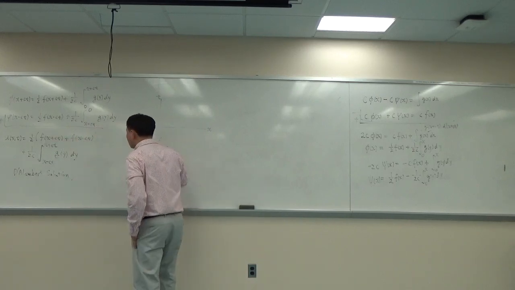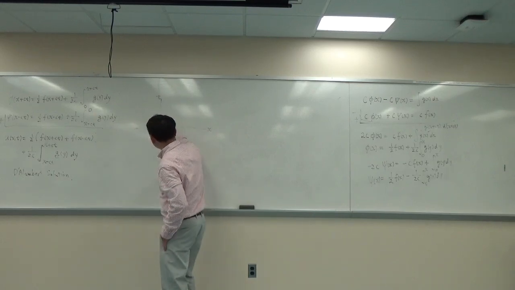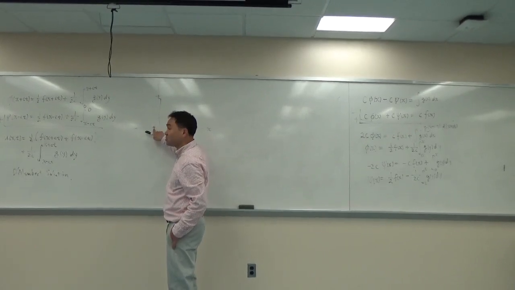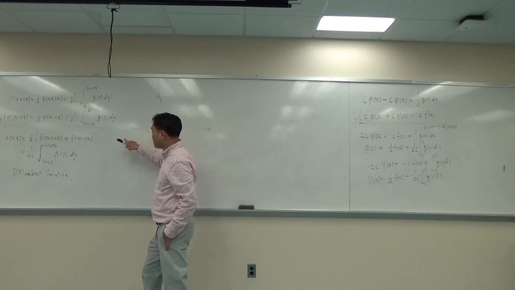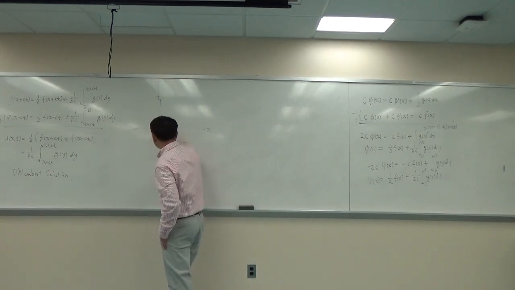In other words, if you have some data in the initial position, the value of f at this position is carried over as x plus ct and x minus ct, so it goes in two directions.